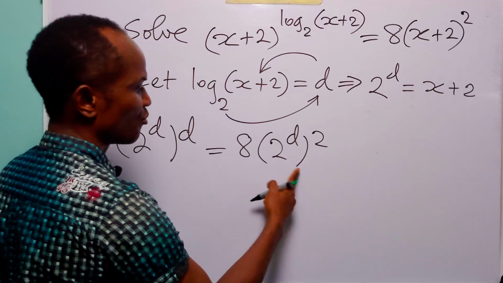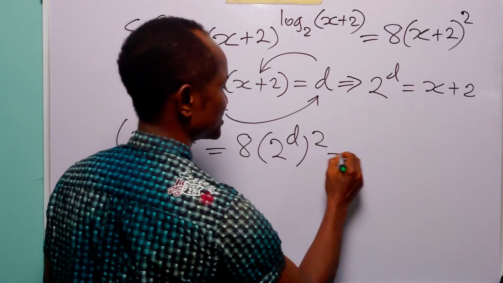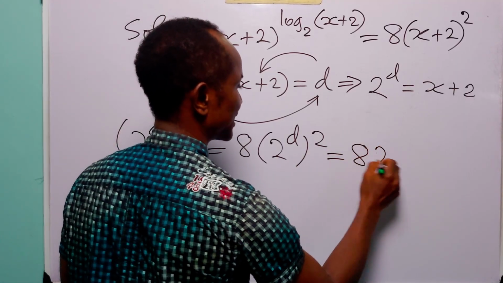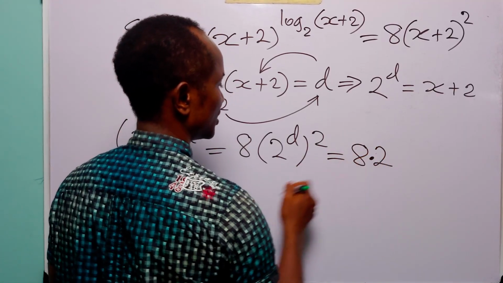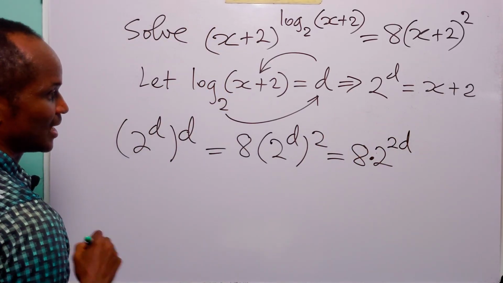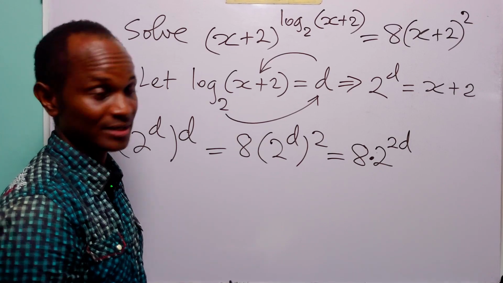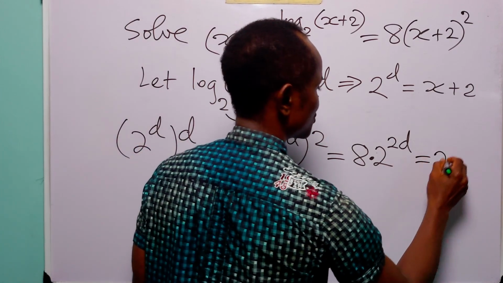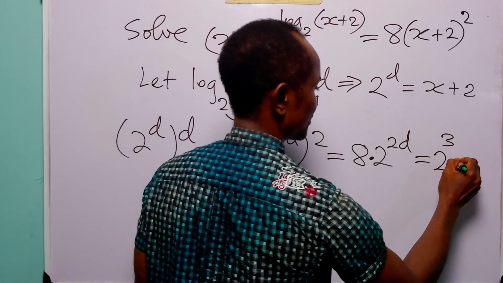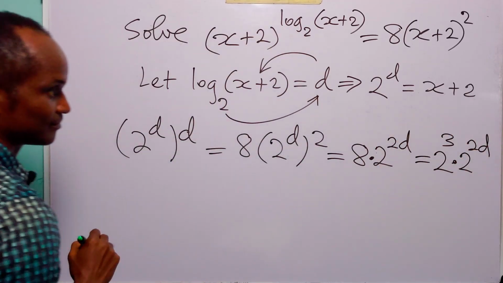Of course, you know that to open this bracket, what we do is to multiply these two. So this is equal to 8 times 2 to the power 2d. But remember that 8 is equal to 2 to the power 3. So this is equal to 2 to the power 3 multiplied by 2 to the power 2d.